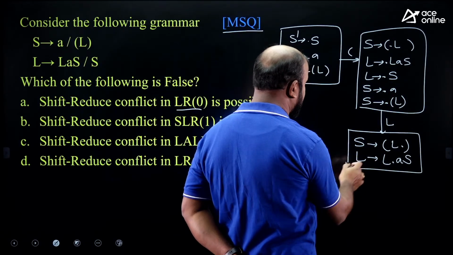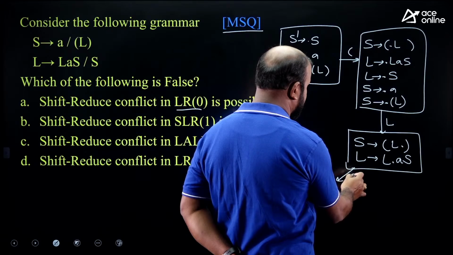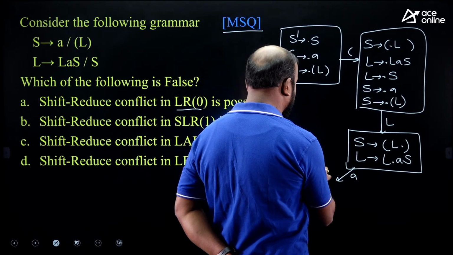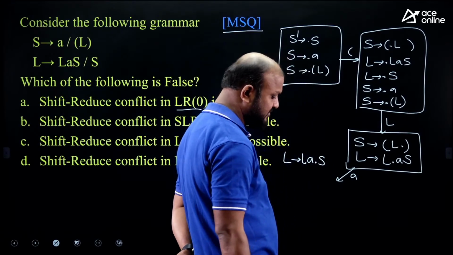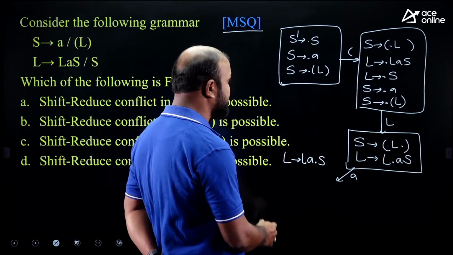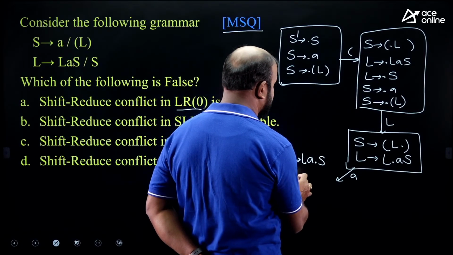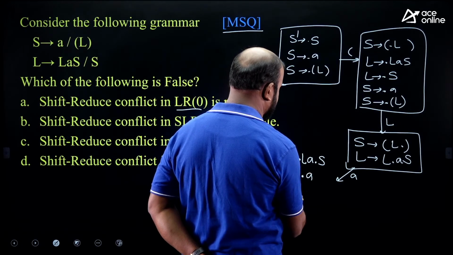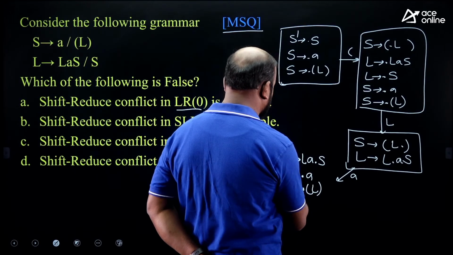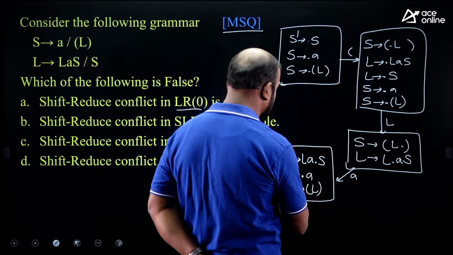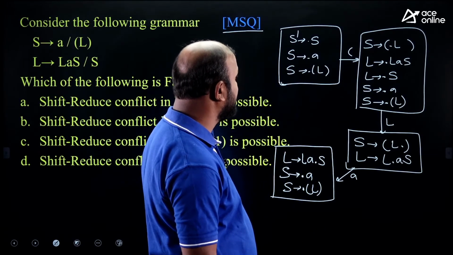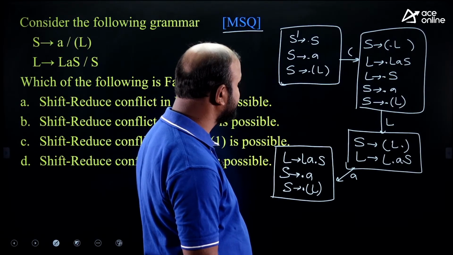And with A, if you move dot with respect to A, what you are going to get? L tends to L A dot S. Because dot S is there, S productions. What are the S productions? S tends to dot A, S tends to dot open, L close. And here, any conflict possible? No, okay, no conflict possible.